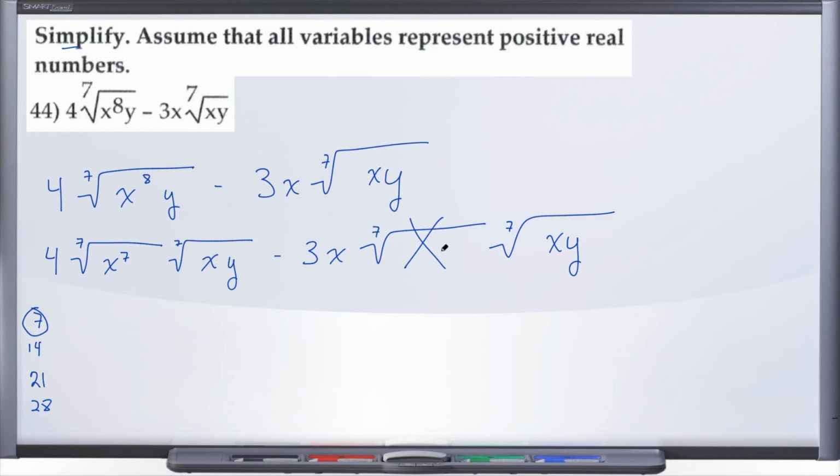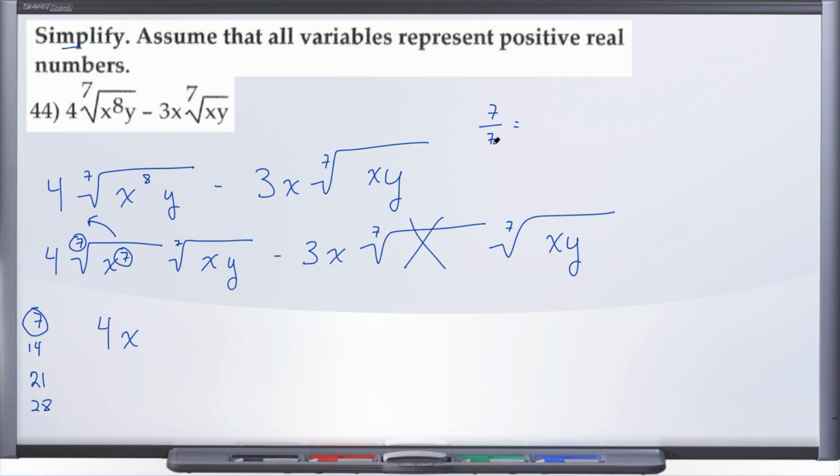All right, so now that we've broken up into good stuff, bad stuff, let's see if we can clean up this line, simplify a little bit. So we have 4, and now our good radical, we know it's going to come out free and clear without any radicals. And we're dealing with x, so we know our x is going to come out. But what is the exponent going to be? Well, to find out what the exponent is going to be, we're going to take the original power, which in this case was 7, and divide it by the index, or root, which also in this case is 7.